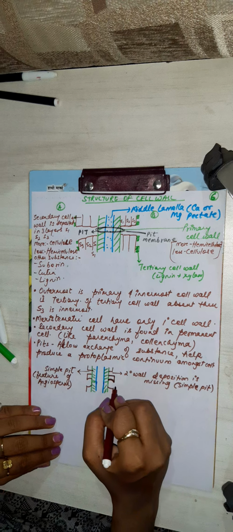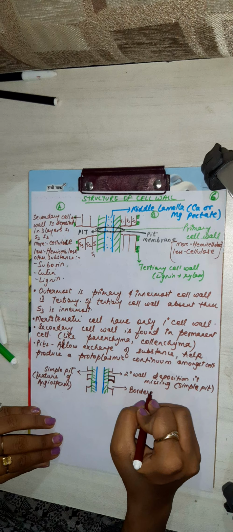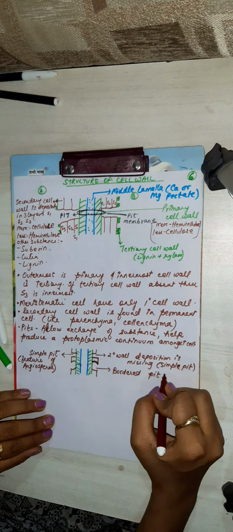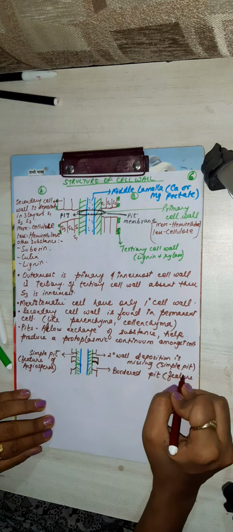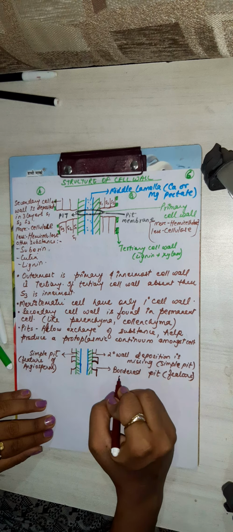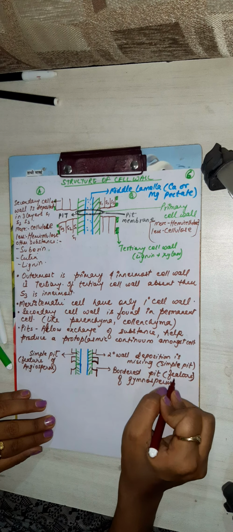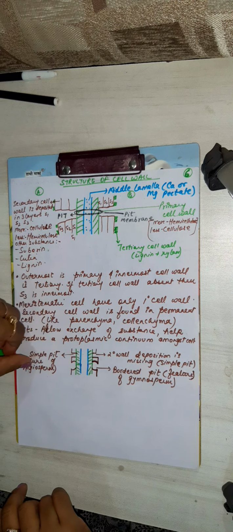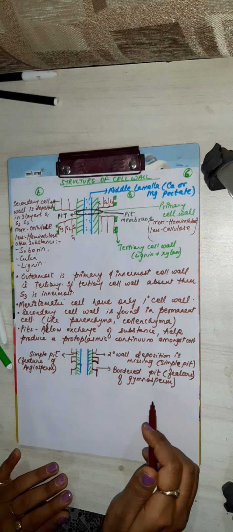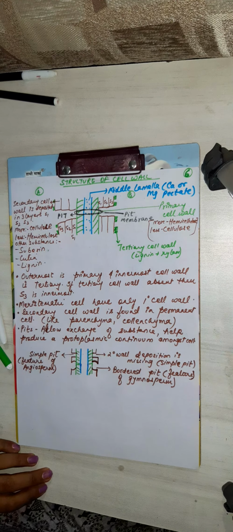It is known as border pit. This is a feature of gymnosperm. Simple pit is a feature of angiosperm, and border pit is a feature of gymnosperm. When secondary wall deposition is missing, there you have studied the structure.